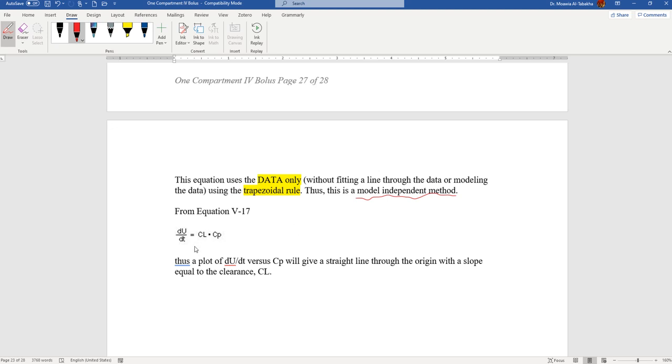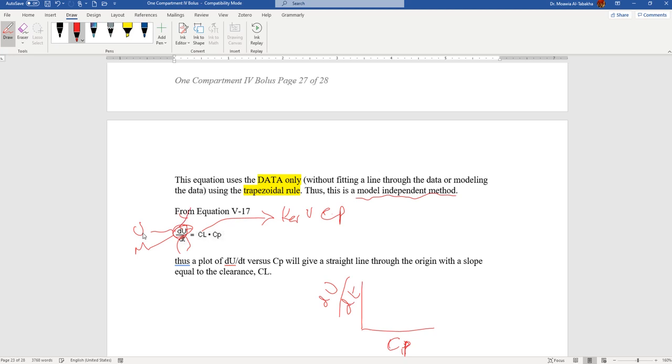Okay. Now look at the equation here, which I already discussed before. I'm assuming this is the amount eliminated, whether through urine or through metabolism, both. How much is eliminated per time is equal to KEL times V, which is clearance, multiplied by CP. So if I want to have a graph, in this graph I put CP here, the concentration, and how much gets eliminated here on the y-axis.